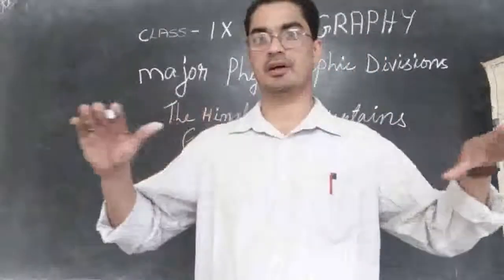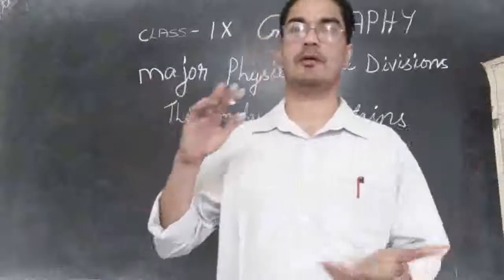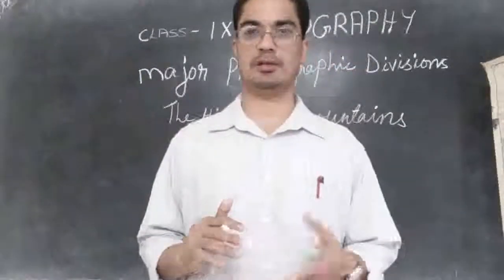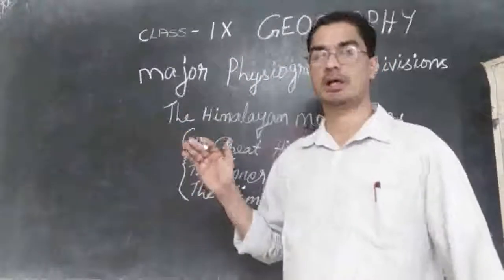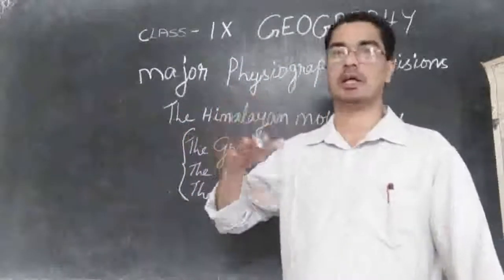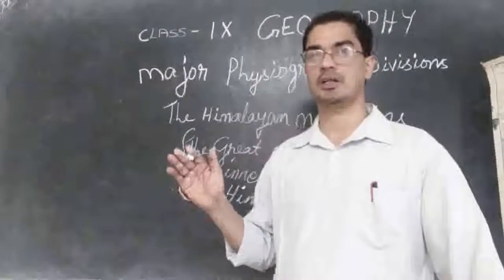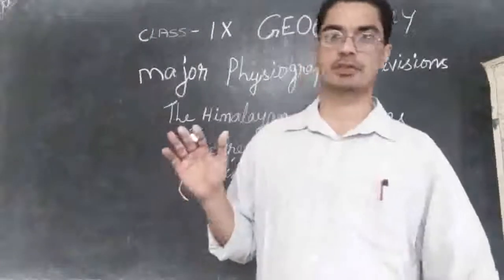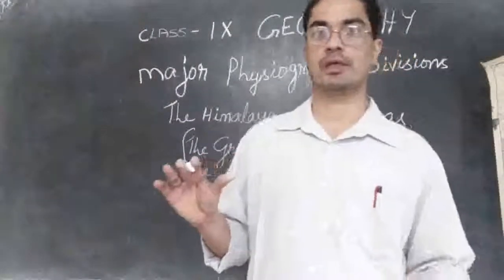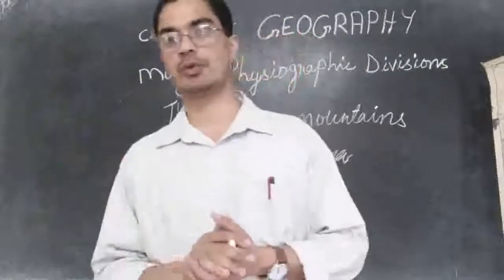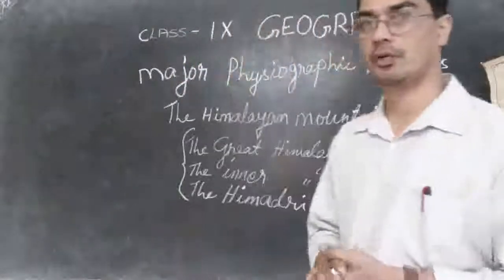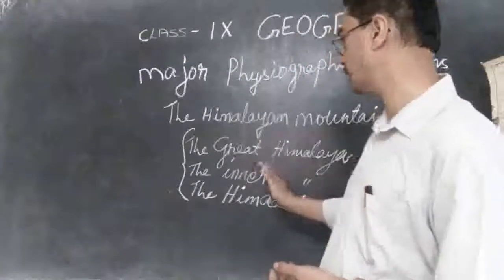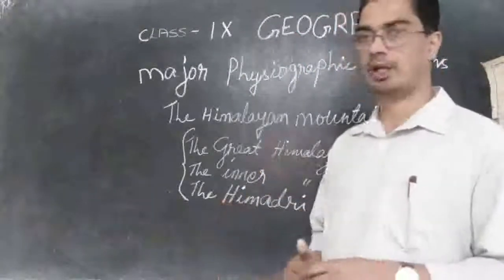The whole area is covered with a very thick ice field, that is called a glacier. This is the tallest place, and because of the height, the area is always cold and always covered with snow, and a lot of glaciers are also there. So that is the situation in the Great Himalayas or Inner Himalayas or Himadri.